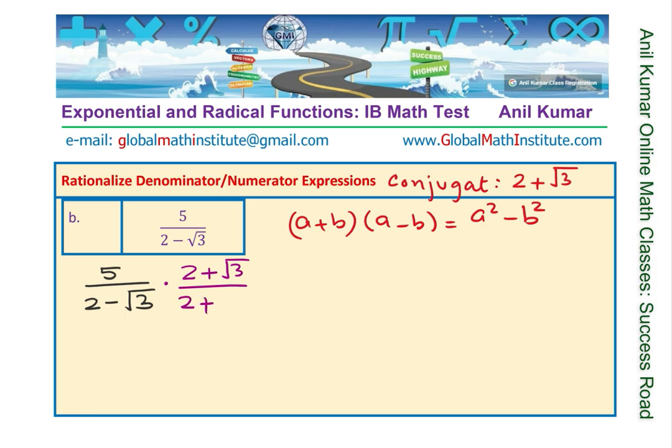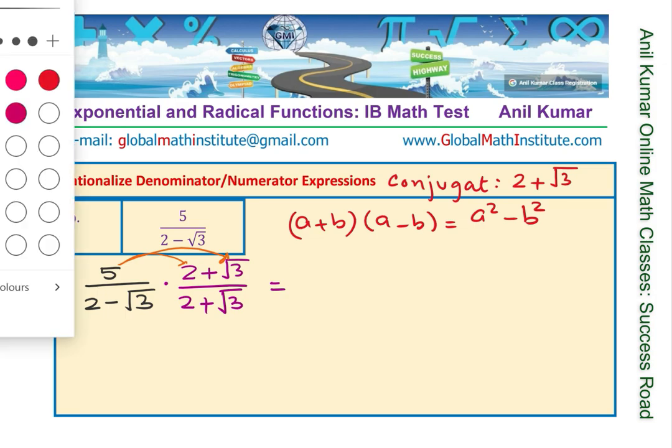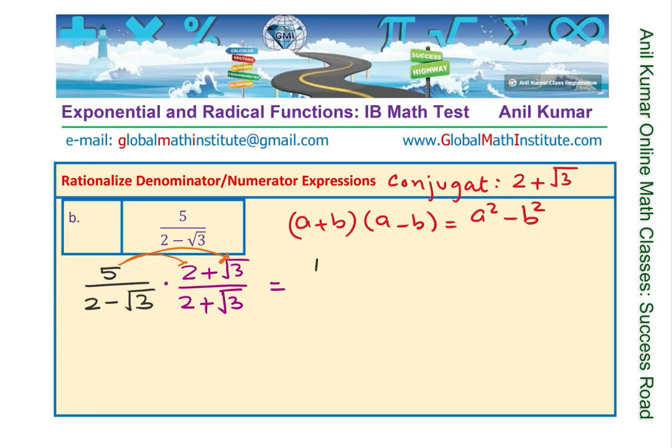Once you have done that, the denominator is now a difference of squares, and in the numerator, I have to multiply 5 with both the numbers. So what do you get? 5 times 2 is 10, so we get 10, and then plus 5 square root 3.